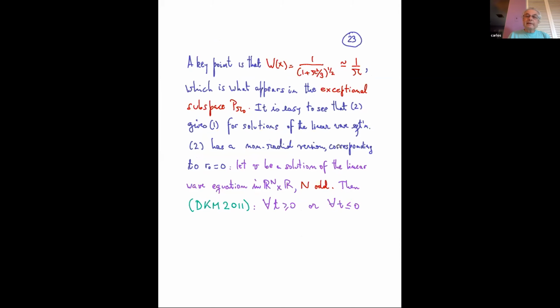Now, these lower bounds for the energy channels for the linear equation easily give the energy channel property for solutions to the linear wave equation. Provided, of course, you have to change the R naught. So that's simple. Now, to pass to the nonlinear equation, you have to do iterative arguments that are very reminiscent of 2 elliptic ideas.